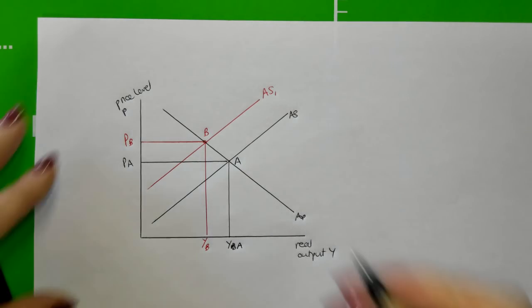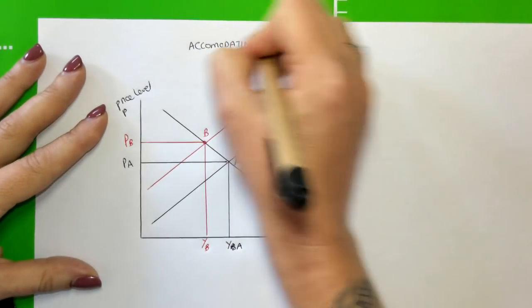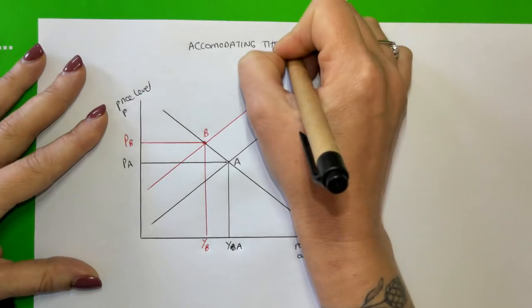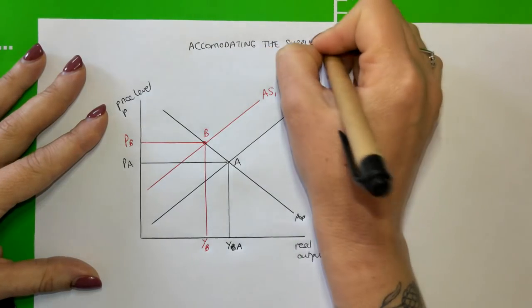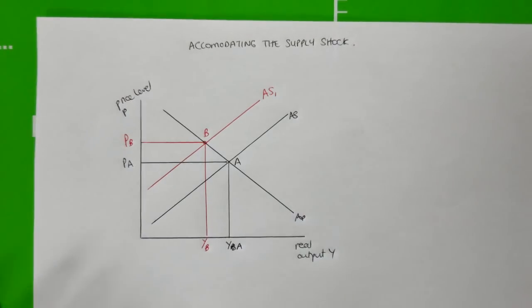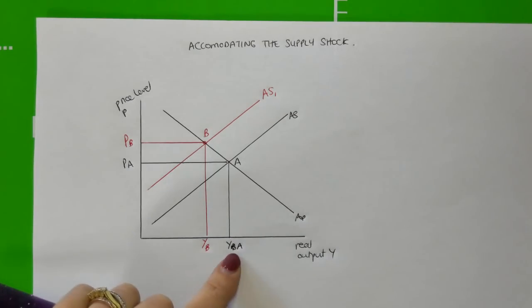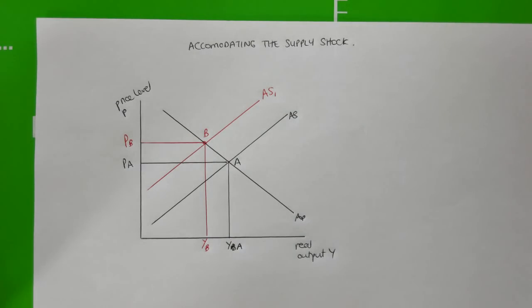And so what this particular diagram is going to look at is accommodating the supply shock. Okay, so like in the previous example, there is a supply shock, such as a big increase in the price of oil, and the effect of that is to raise the equilibrium price level and lower the equilibrium level of real output.